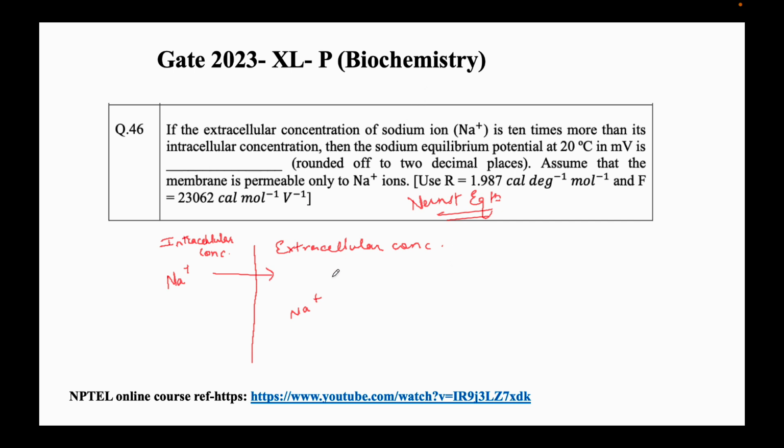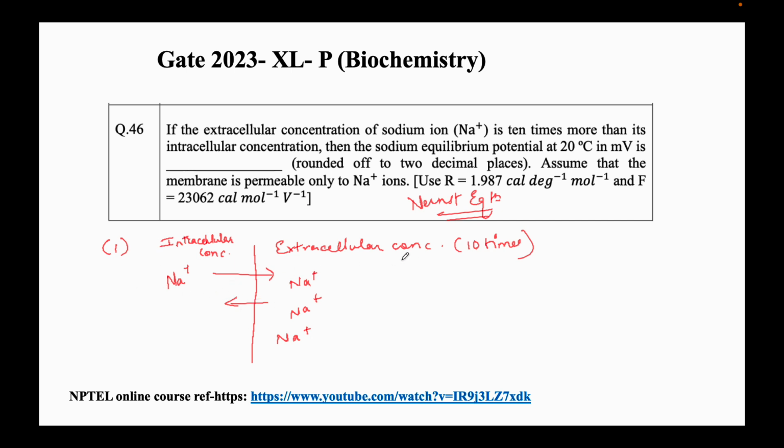That means the extracellular concentration is 10 times more than the intracellular concentration, right? So we have 10 times more Na plus ions in the extracellular concentration.